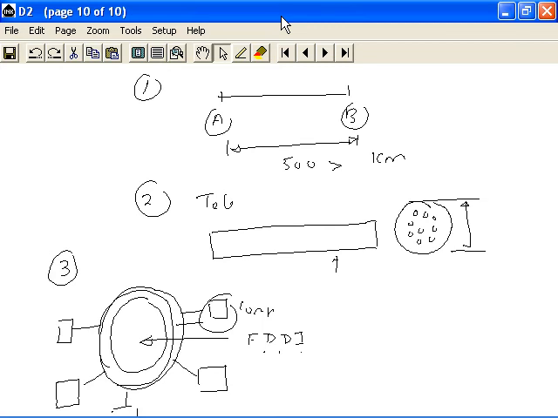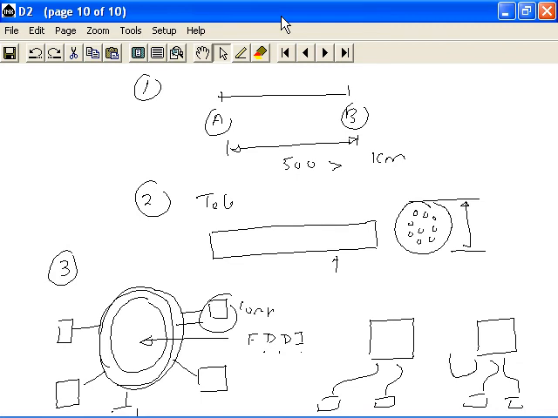Fiber optic links are also used extensively in internetworking. For example, let us consider internetworking in terms of connecting two networks. Here is network number 1 and here is network number 2. Assume that these two networks are connected to a switch, and also assume that this particular network is connected to a switch.